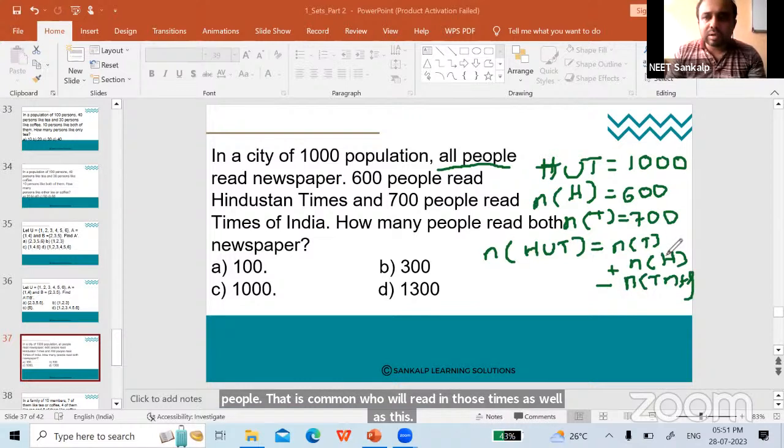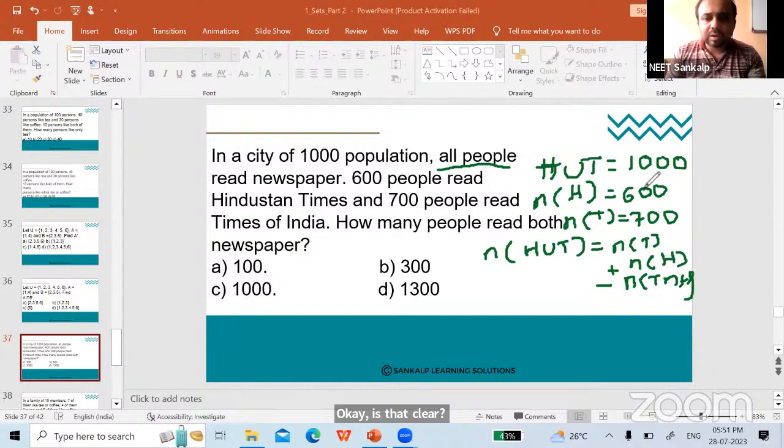Is that clear? Now if we substitute this numerically, n of T is 700 plus Hindustan Times 600, minus the number reading both. How many people are there? Can anyone say? Both reading people, 1,000?